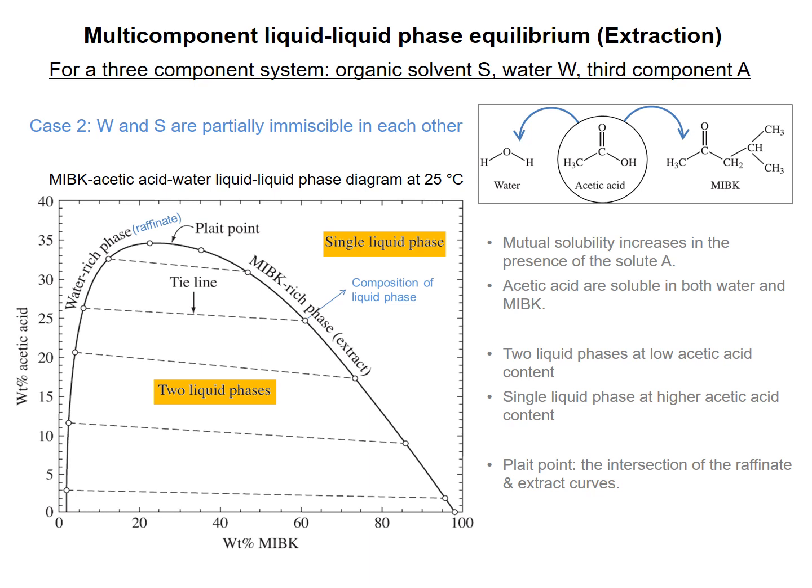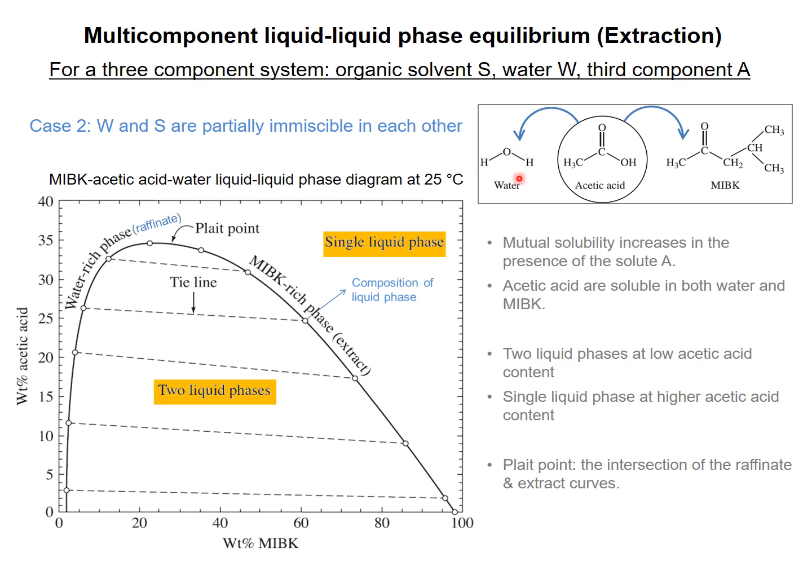Okay, still we are on the extraction about multi-component liquid phase equilibrium. Let me think about a more complicated situation. That is case 2: water and organic solvent are partially immiscible in each other. Here is an example.